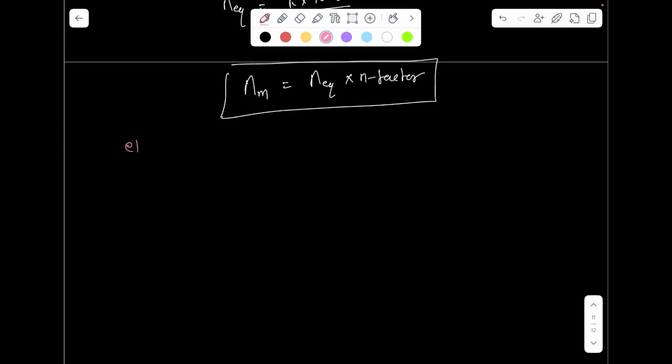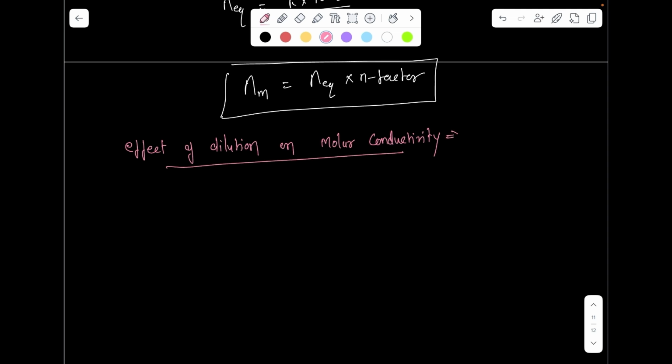Now next point we have, that is called the effect of dilution on the molar conductivity or equivalent conductivity also. So molar conductivity is directly proportional to the volume of solution in liter. So when it is increasing, molar conductivity is also increasing. So we could say when the dilution is higher, molar conductivity or equivalent conductivity is also higher.